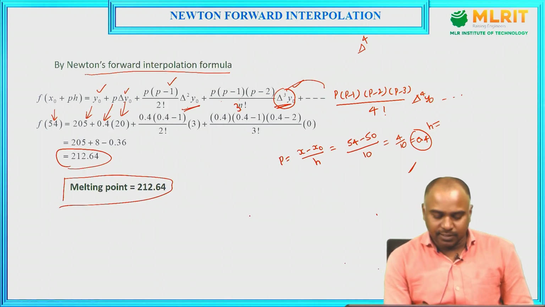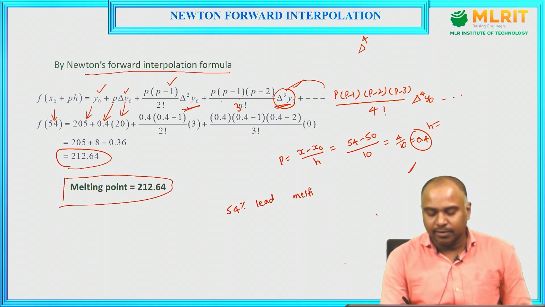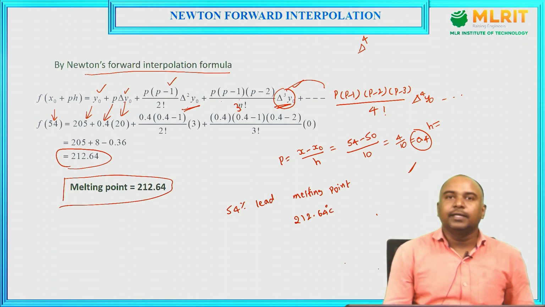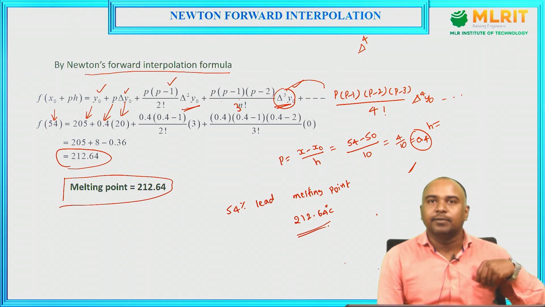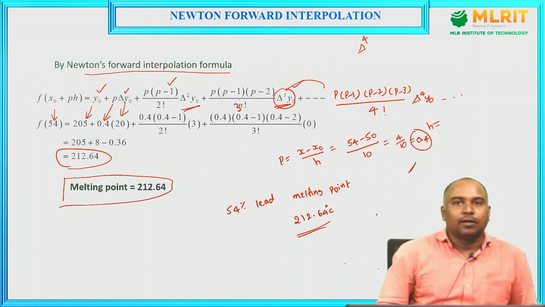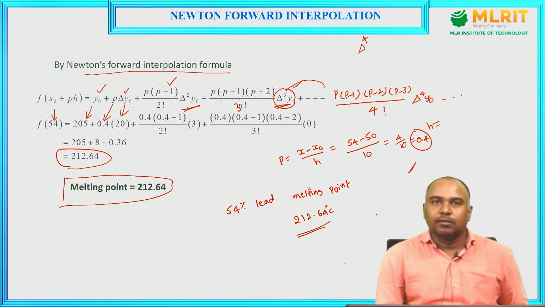So, for 54% of lead, the melting point is 212.64 degrees Celsius. This is the way we find the melting point based on the percentages of lead.